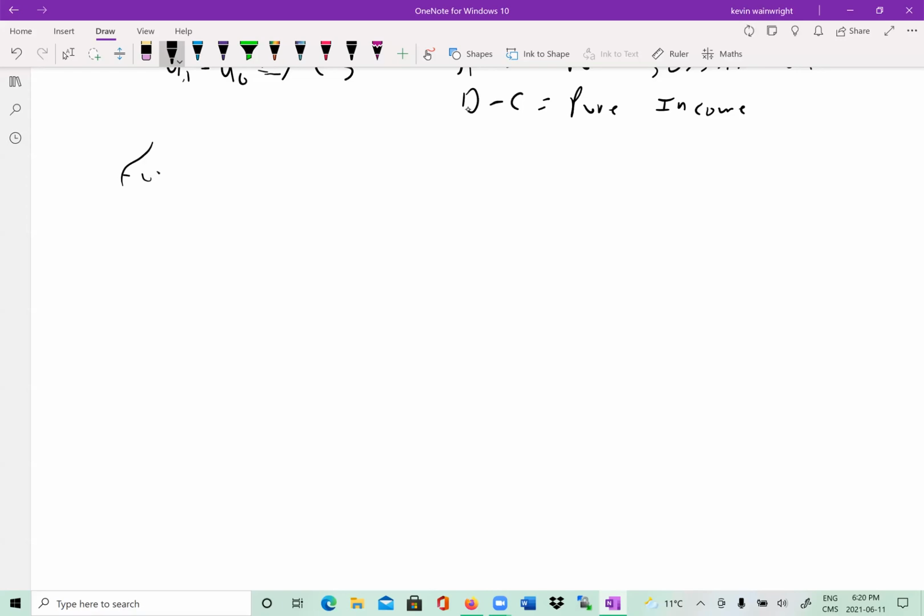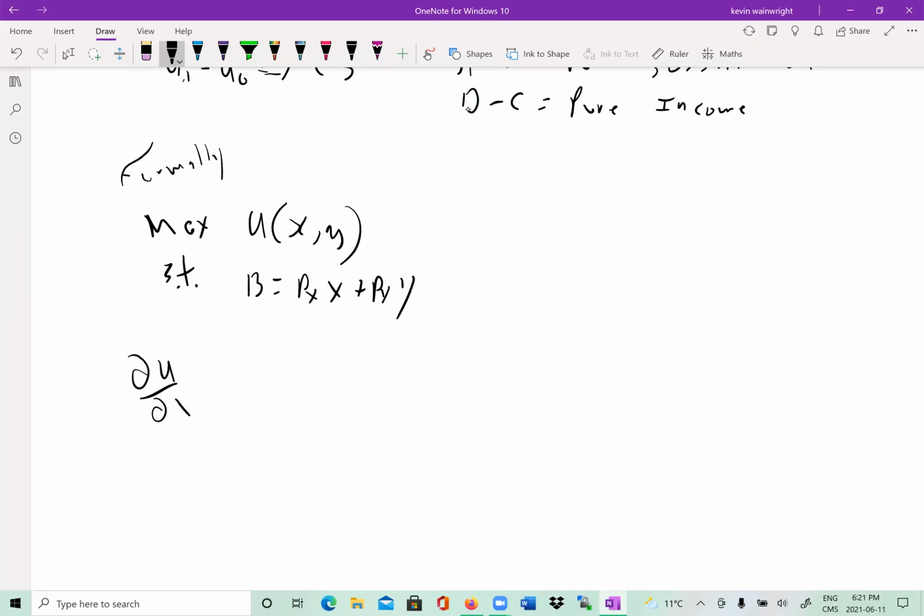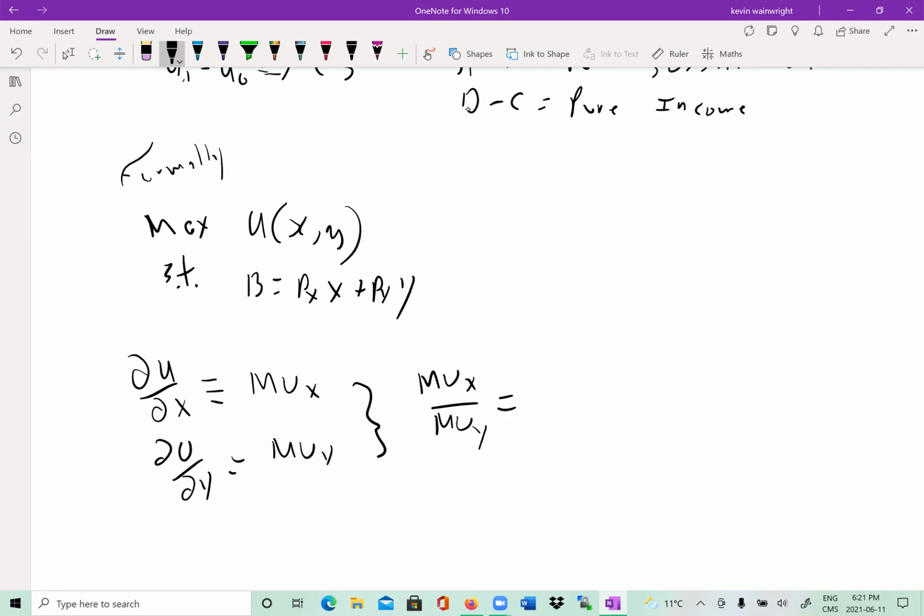Okay. So formally, if I want to maximize U of X and Y subject to B equals PX X plus PY Y, then I find the partial derivatives: dU/dX, which is by definition the marginal utility of X, and dU/dY, the marginal utility of Y. And I take the ratio MUX over MUY, and that's the marginal rate of substitution, my willingness to trade Ys for Xs.